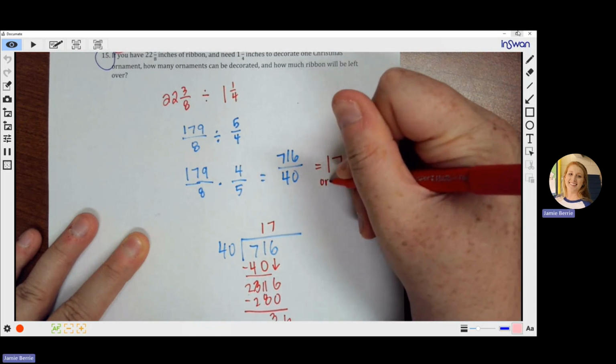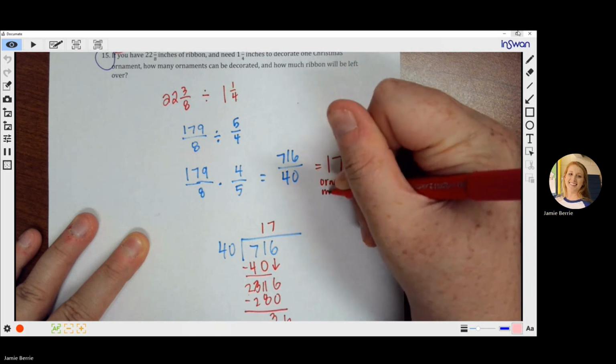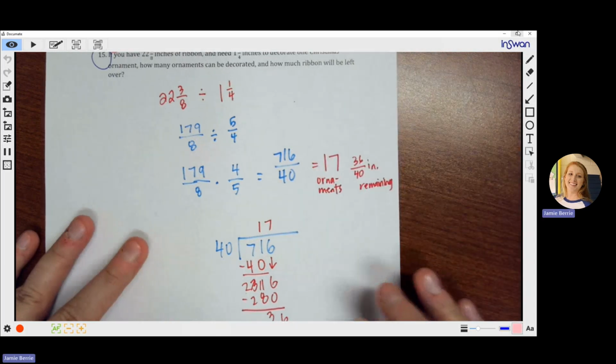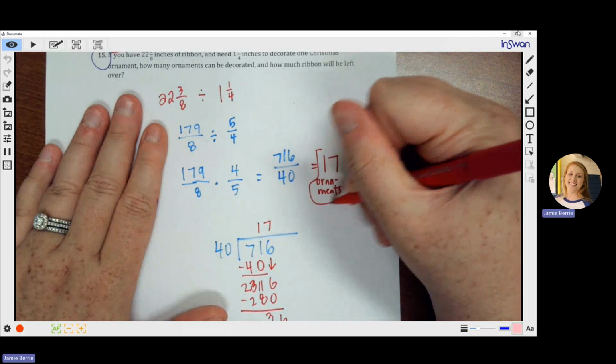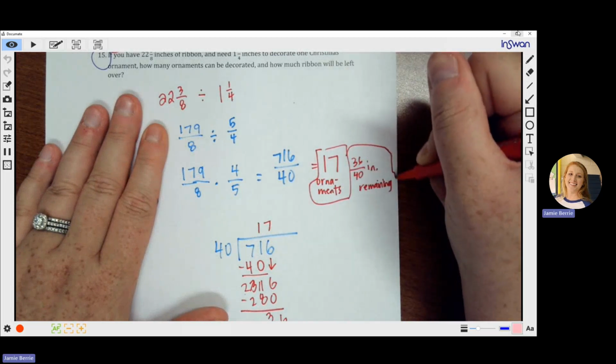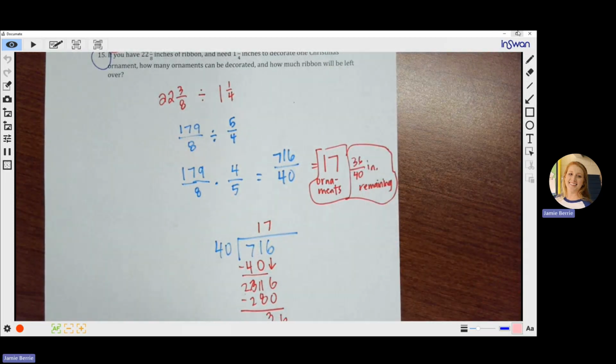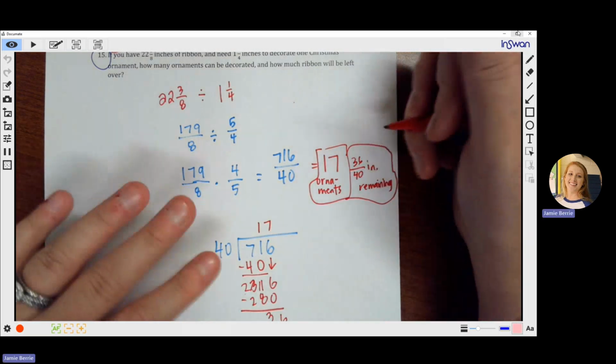So I can make 17 ornaments. Sorry, I was running out of space there. So I can make 17 ornaments. And then if you want to reduce that, you can. What would that be? 36 over 40. That would be 9/10 of an inch.